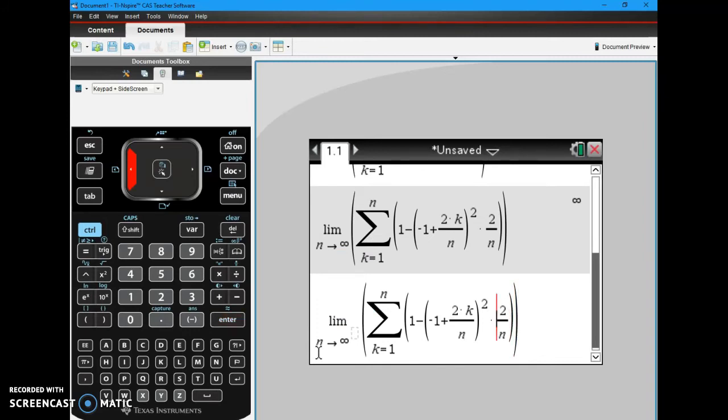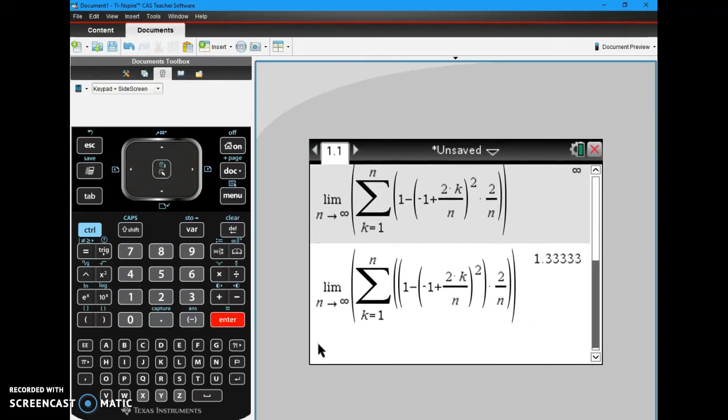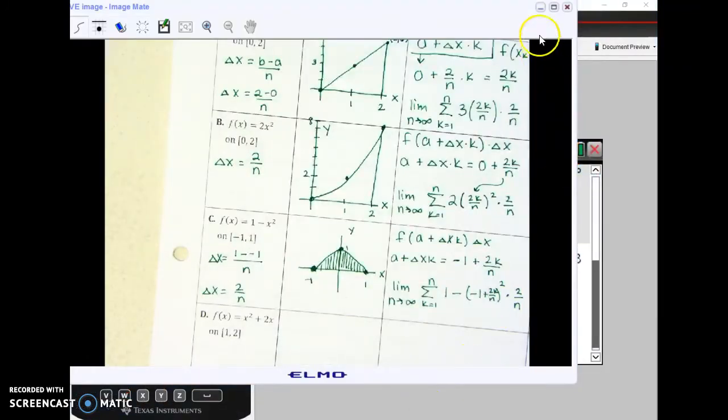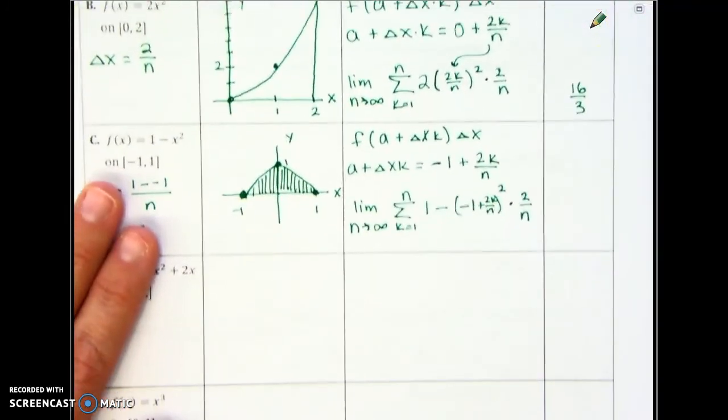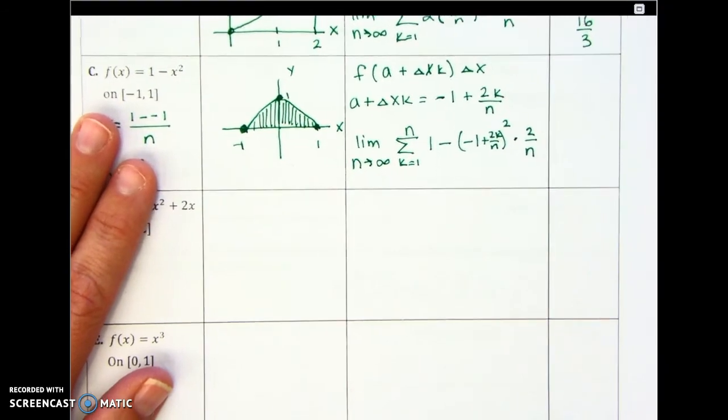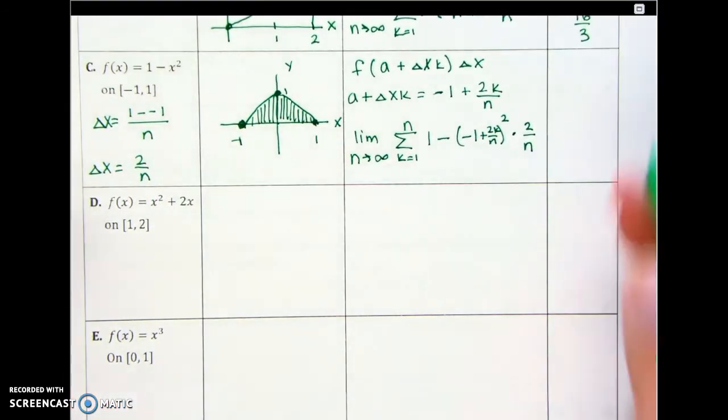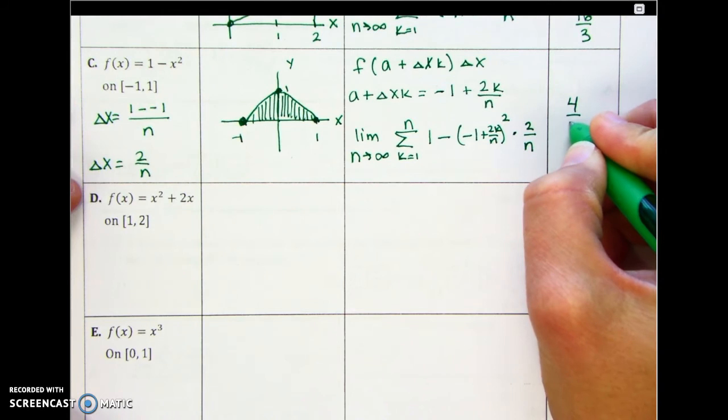I need this 2 over n times 1 minus what's being squared. So let me insert one more there and then one more here, like that. We got it right. Okay, 4/3. So write that down. I wanted you to just see it in the calculator so that you would believe me that I'm doing it right. And let's knock out the next few examples. Here we go. This was 4/3 or 1 1/3.